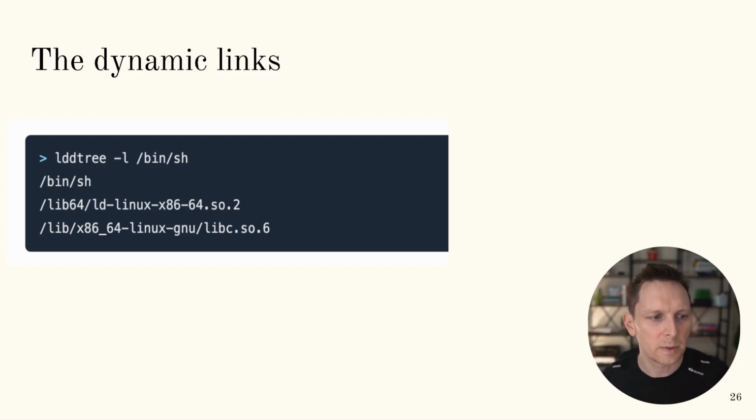It says this bin sh depends on lib64 ld-linux, and then that further calls libc. LD is the dynamic library loader, I believe, and libc is just the standard library for C, right? And so the problem is once we change our root into those paths, lib64 doesn't exist. All that's inside my test root is test root, right?